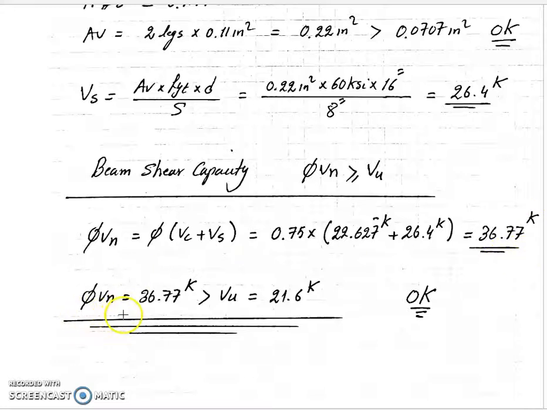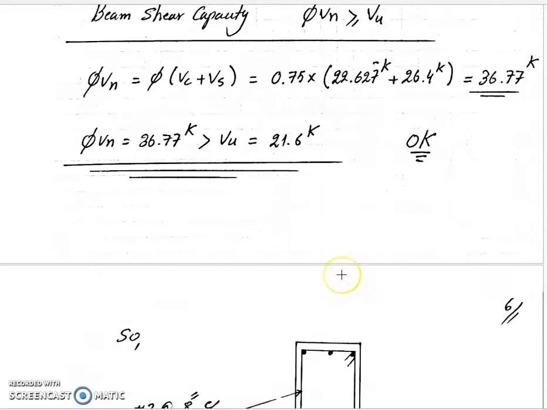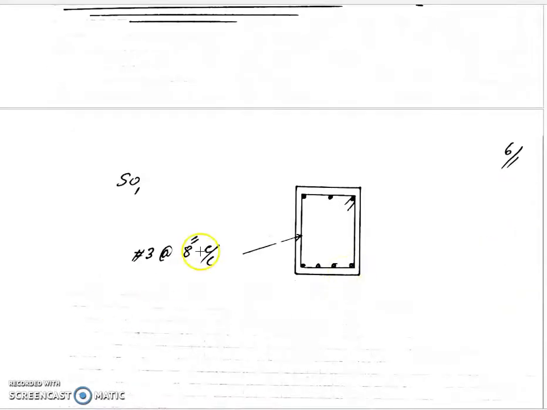So our phi Vn is greater than Vu, which is 21.6 kips. We are okay. So now we're okay to select number 3 rebar at 8 inch center to center.